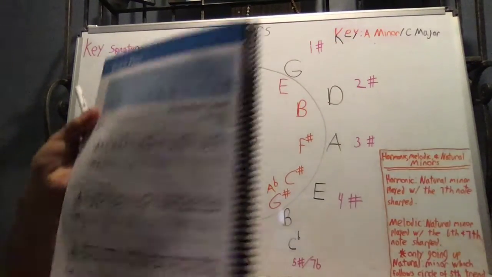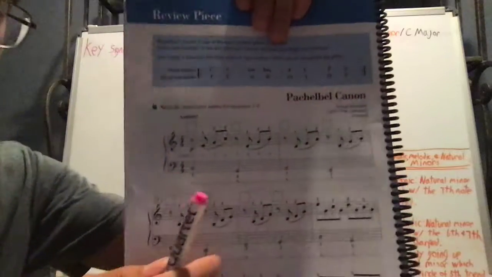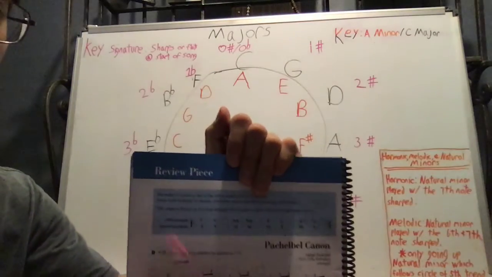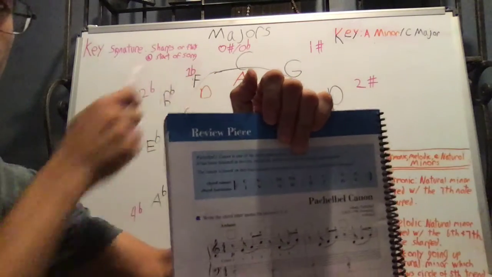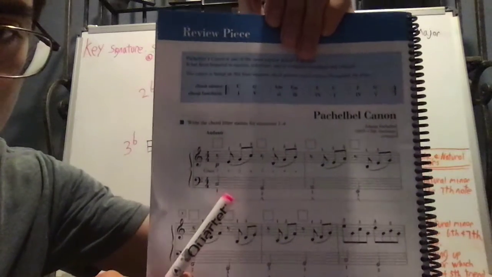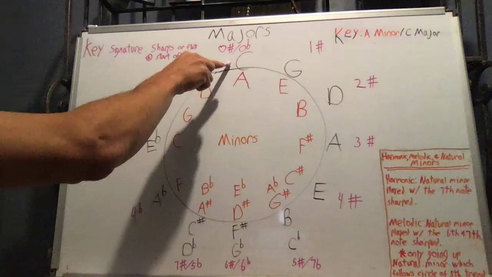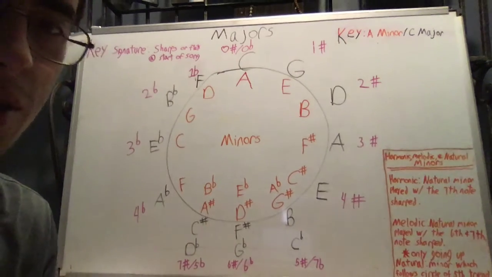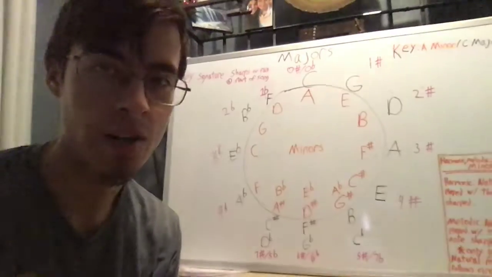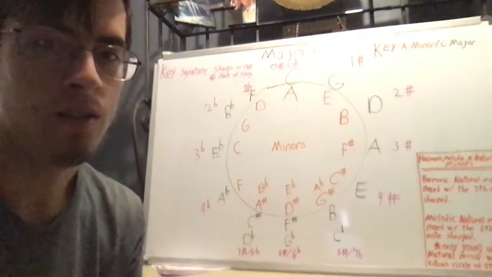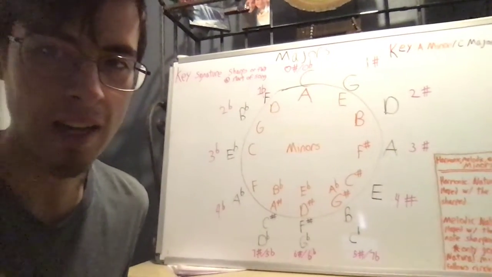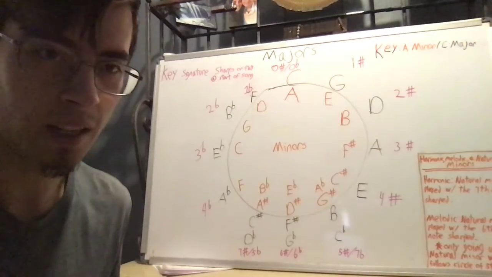If we're talking about Pachelbel's Canon, we know that since it's 0 sharps, 0 flats, it's either C major or A minor. We take a look at the first note, which is a C, and of course that gives us the answer of C major. So C major is the key. 0 sharps and 0 flats are the key signature.